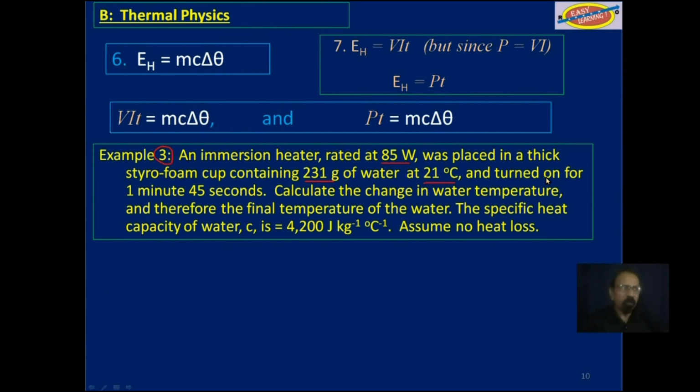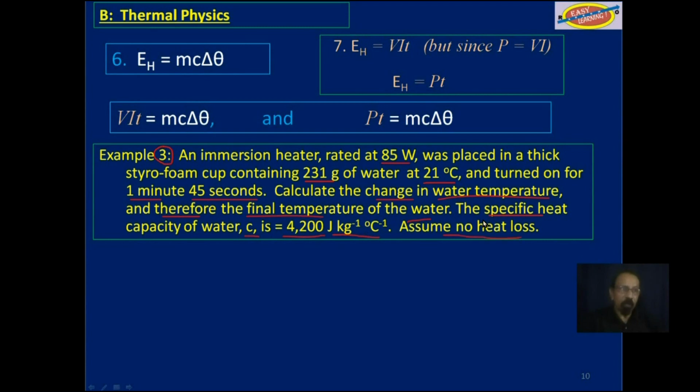And it was turned on for 1 minute 45 seconds. Calculate, first of all, the change in water temperature and therefore the final temperature of the water. The specific heat capacity of water, C, is 4,200 joules per kilogram per degree Celsius.